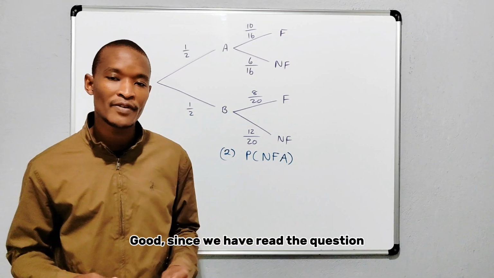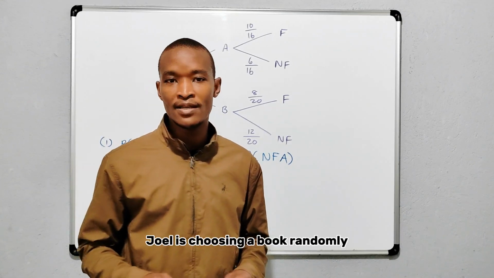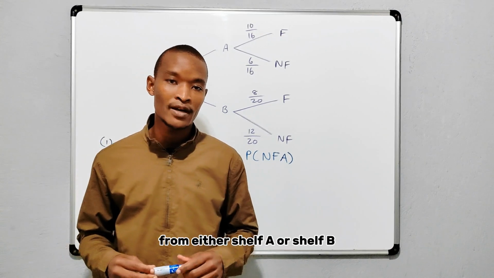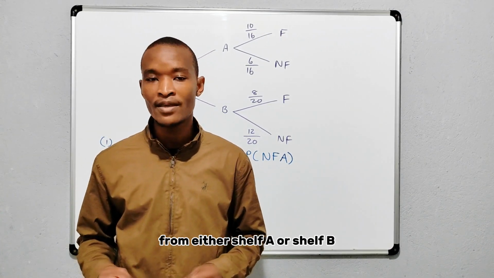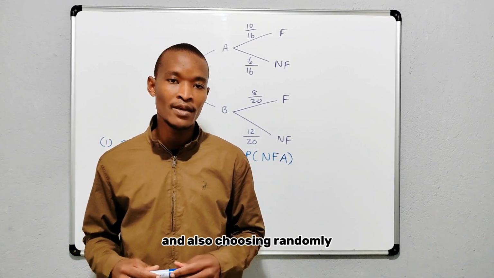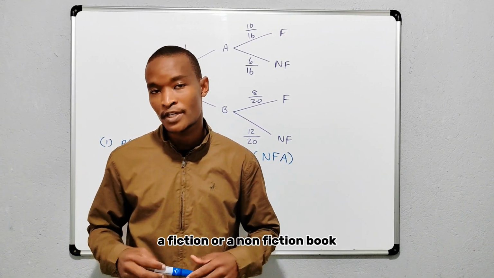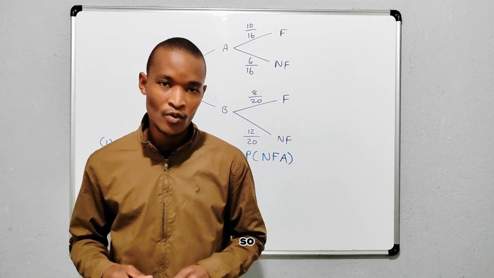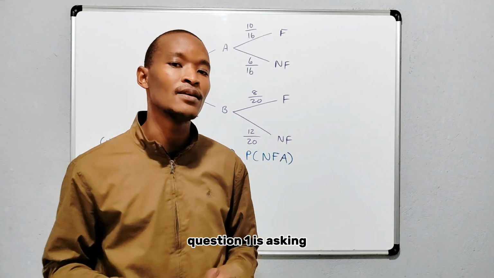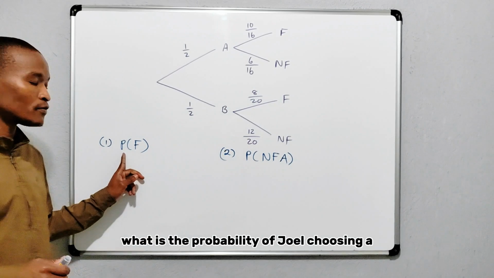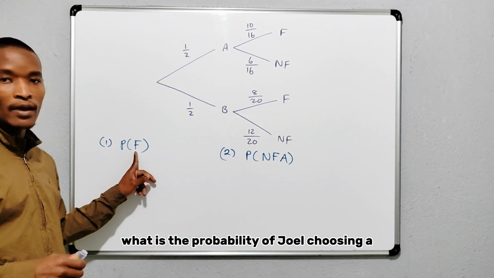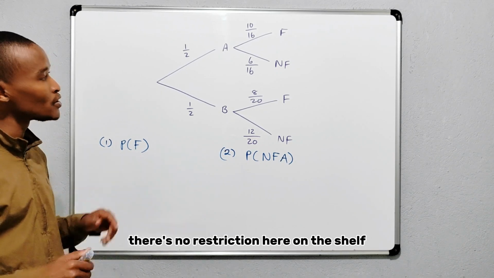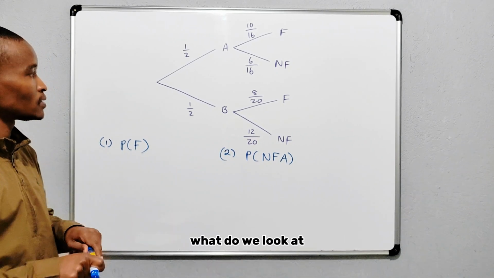Good. Since we've read the question, Jewel is choosing a book randomly from either shelf A or shelf B, and also choosing randomly a fiction or a non-fiction book from either shelf A or shelf B. So question 1 is asking, what is the probability of Jewel choosing a fiction book? There is no restriction here on the shelf. So what do we look at?